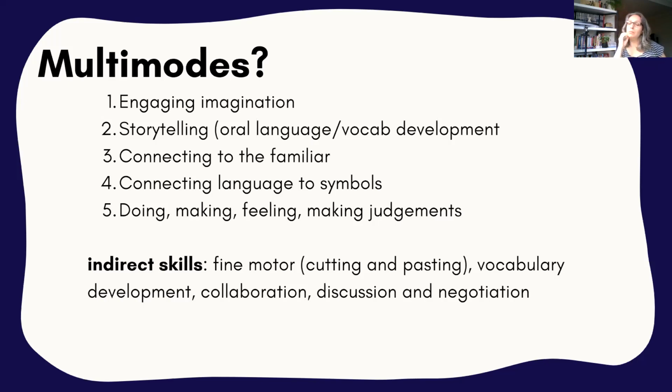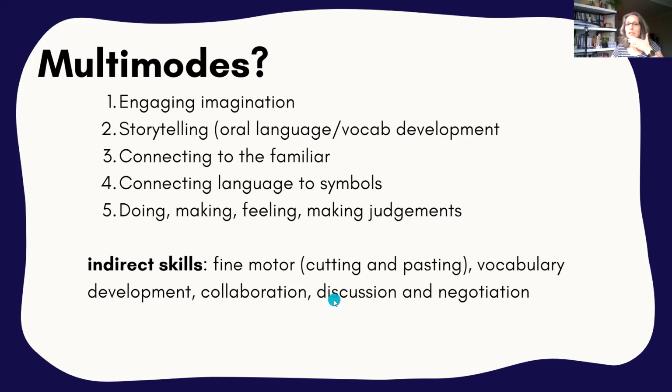We're always doing, always making, we're feeling things. That's with our touch, but also with our emotion, and making judgments. You know, why is 1/9 smaller than 1/7? Well, they go, I don't know. So they are making judgments about what they are seeing.